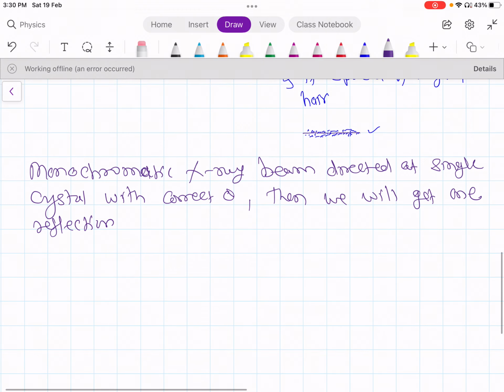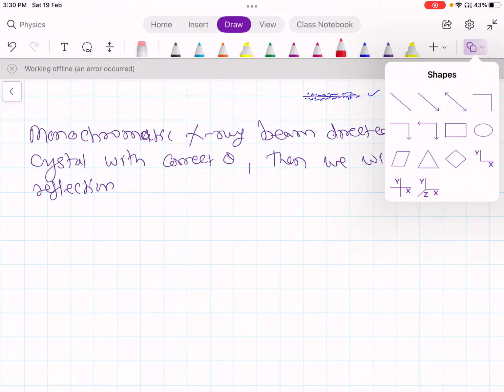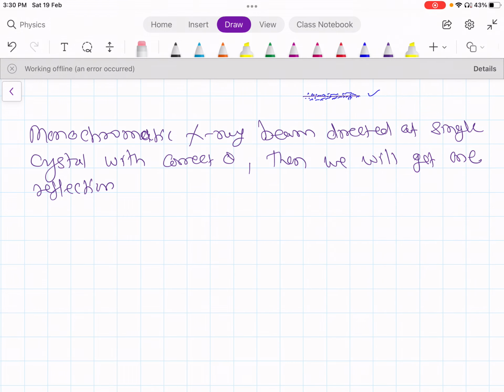Let me show you by drawing the diagram. This is the crystal, a single crystal.